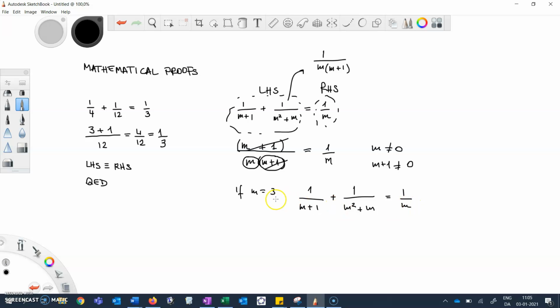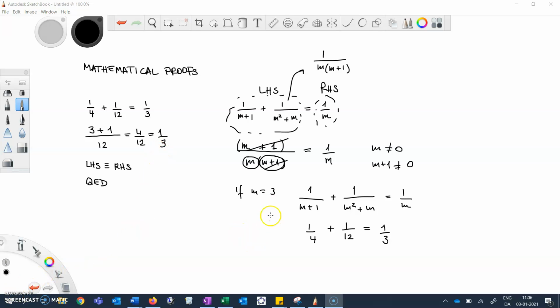And I can prove to you that this is valid for m equal 3. So here I'm going to have 1 divided by 4. Here I'm going to have 1 over 9 plus 3, so 1 divided by 12. And here I'm going to have 1 divided by 3. And as we proved before, this is true for m equal 3.